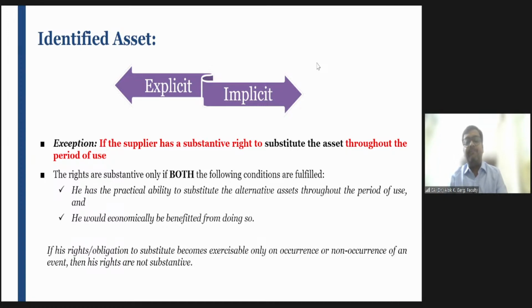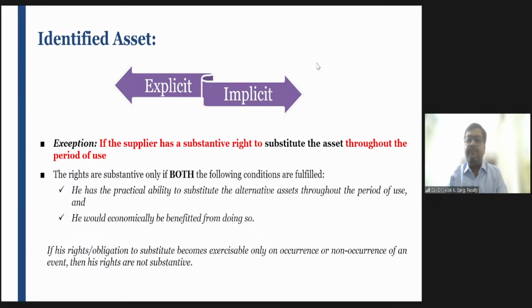But if it is only mentioned that the lessor has to provide a Toyota Innova car, in that case the lessor is free to replace the car. The lessor is free to provide any car to that lessee. It means the lessor has an exercisable right to replace the car.